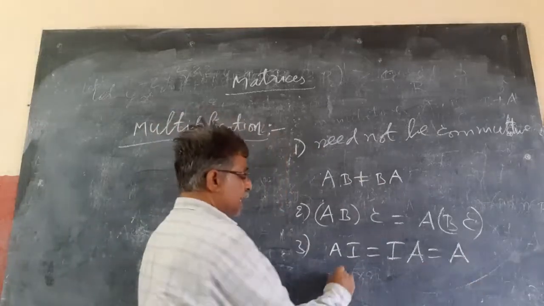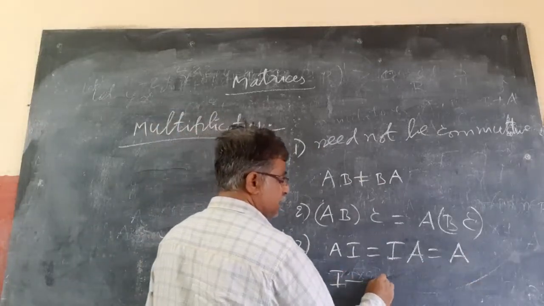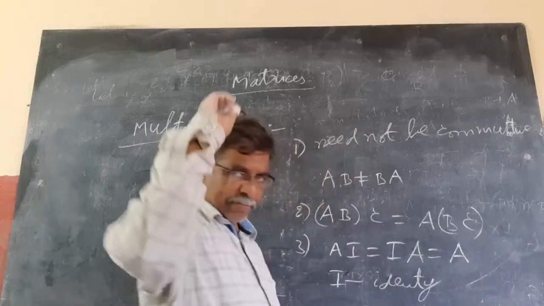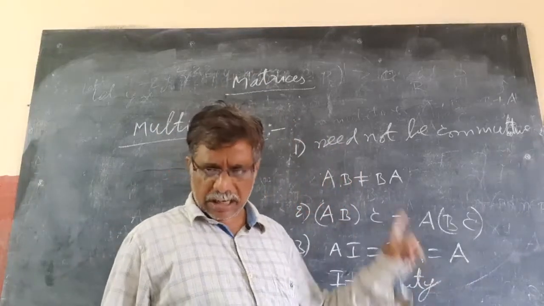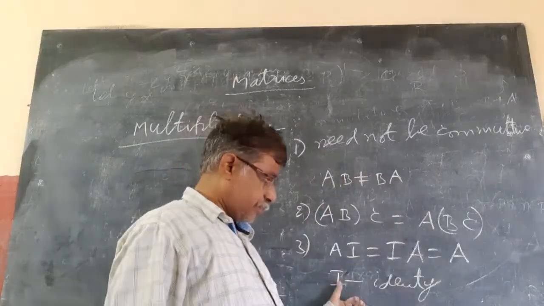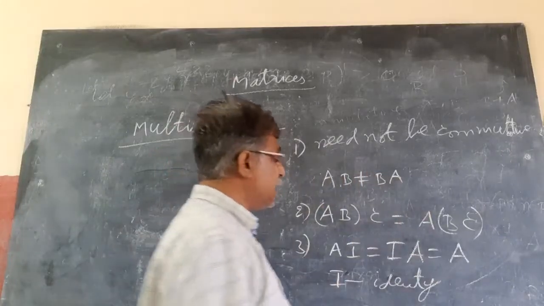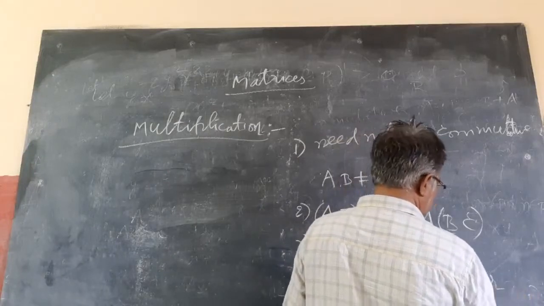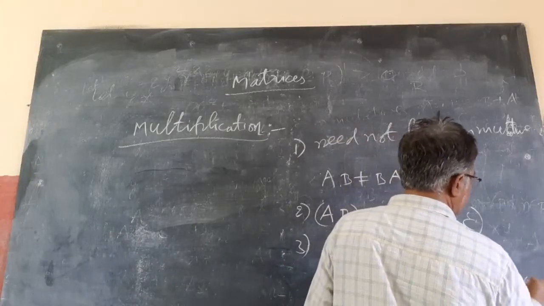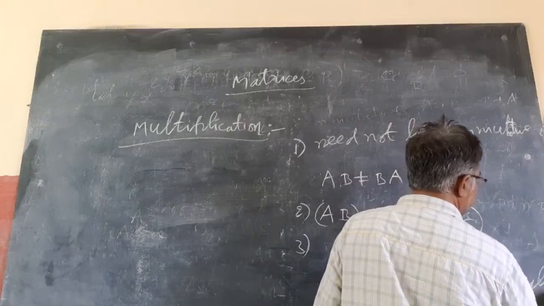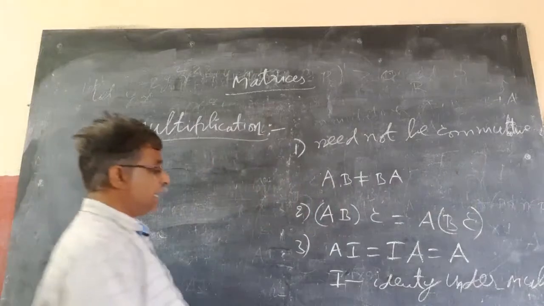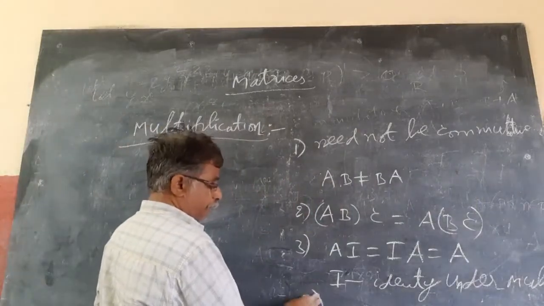So I is called the identity under multiplication. Null matrix is identity under addition. Unit matrix is identity under multiplication.